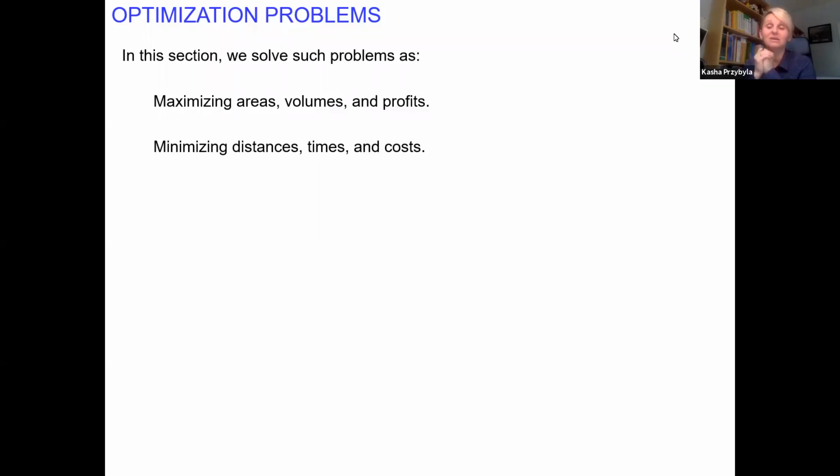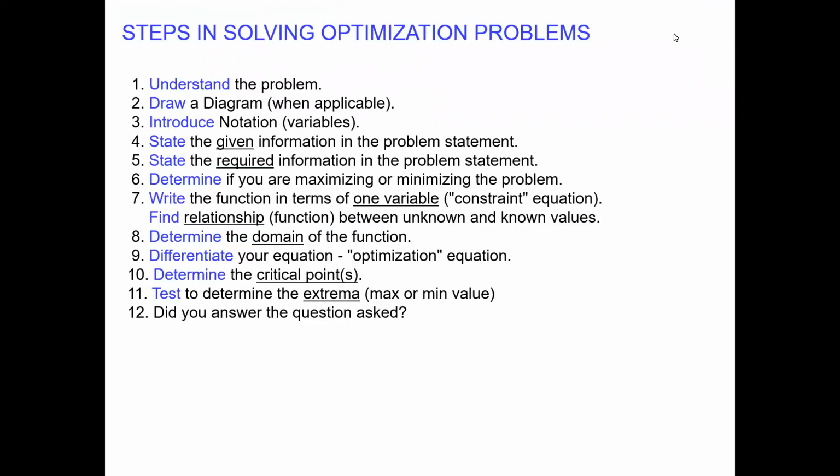And since the maximum or minimum is involved, probably the derivative will be involved, because we know how to find the maximum value. Not always, since some of the endpoints give me the maximum or minimum. We always have to look at the critical points and the local maxima and minima. Okay, I do have steps.